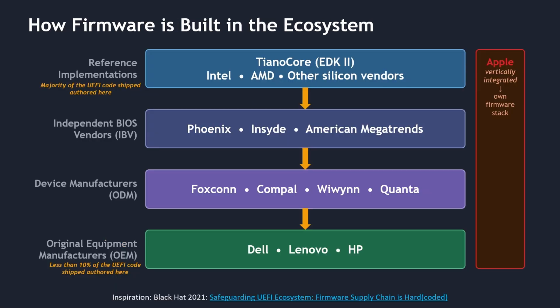Now that we've looked at some different types of modules, we're going to look at why it is so important that the core has been written in Rust as opposed to just focusing on top-level modules. Here we are showing how firmware flows throughout the ecosystem. The vast majority of firmware code is written at the top level, specifically in this example as the Tiano Core EDK2 level.